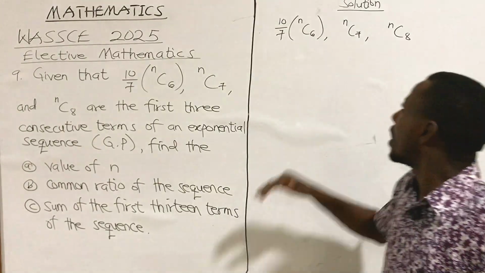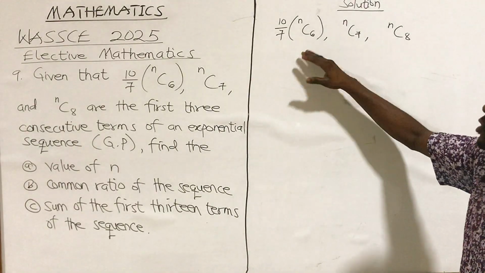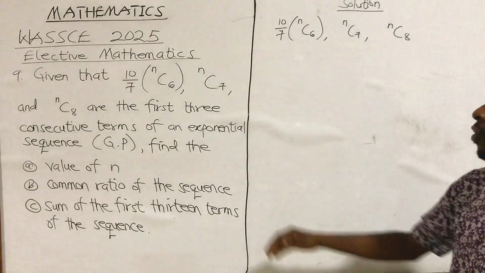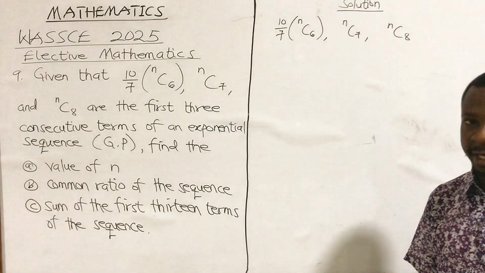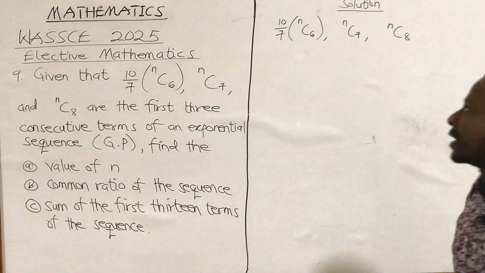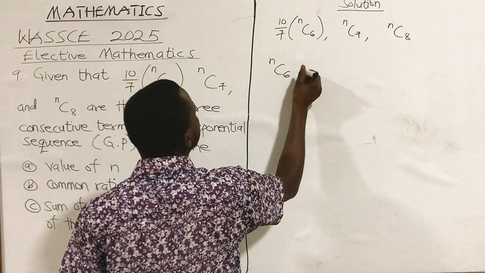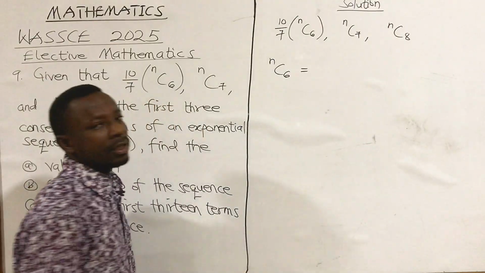Over here, we are going to simplify the combinations before we can find the value of n. So let's start with nC6.